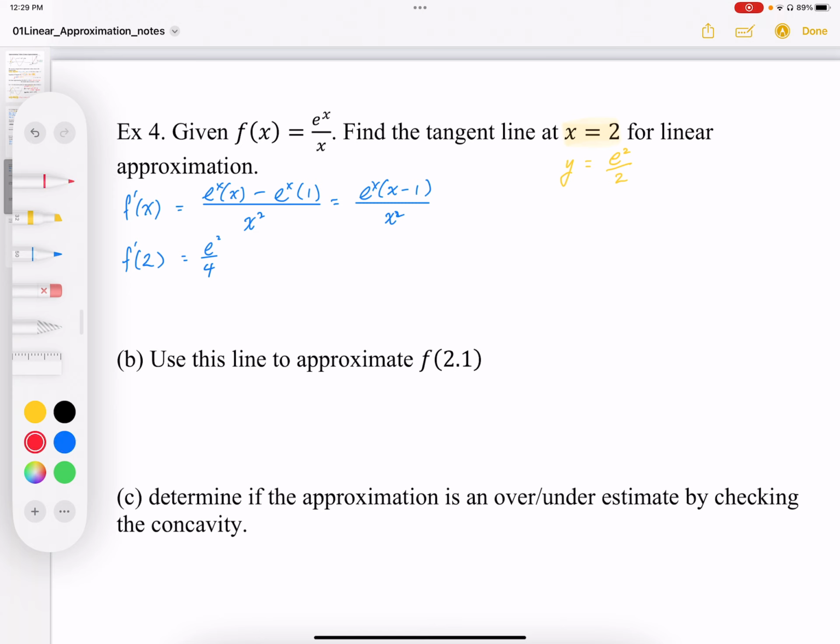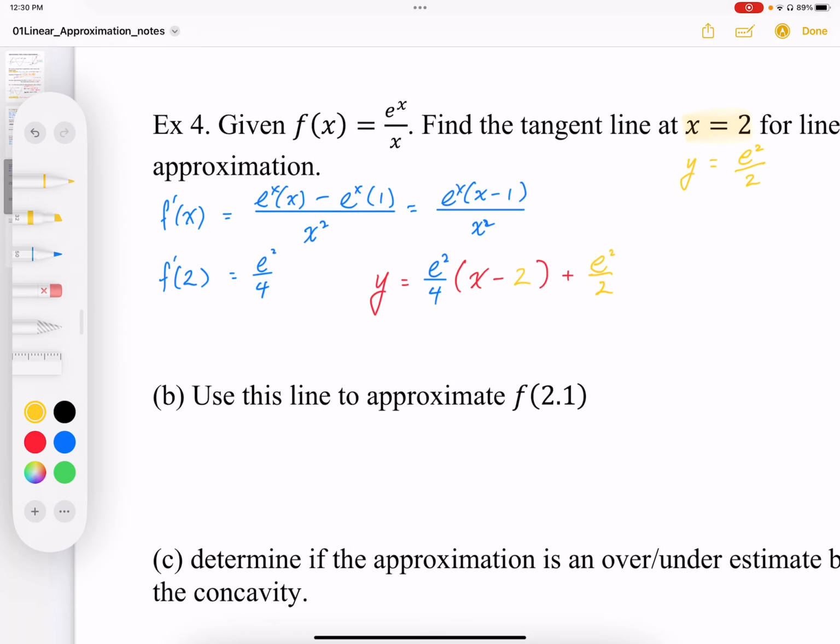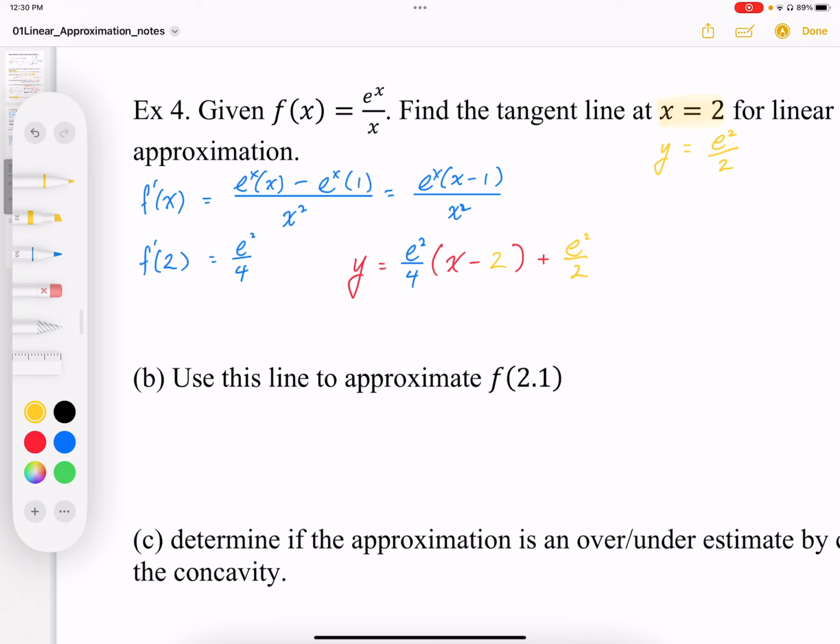So the linear approximation equation for this is going to be y equals, the slope is e squared over 4, and the coordinate is going to be at x equals 2, y equals e squared over 2. Okay, so there's my linear equation. Now this line can be used to approximate the value at f of 2.1.